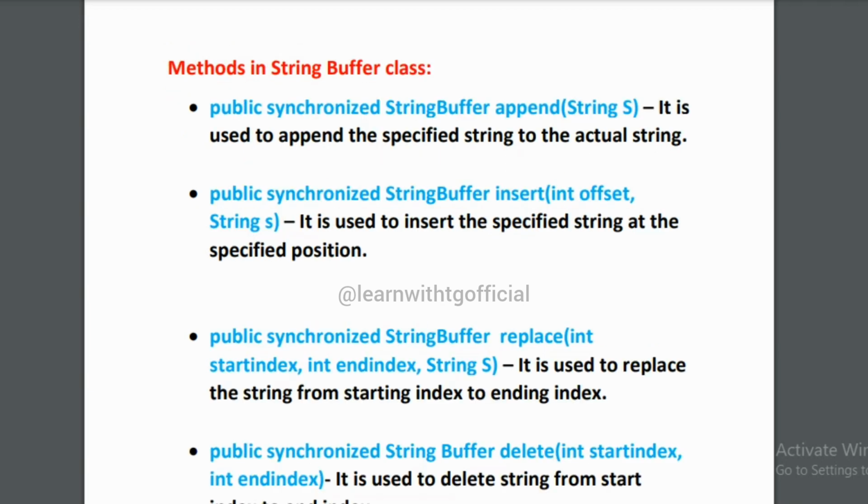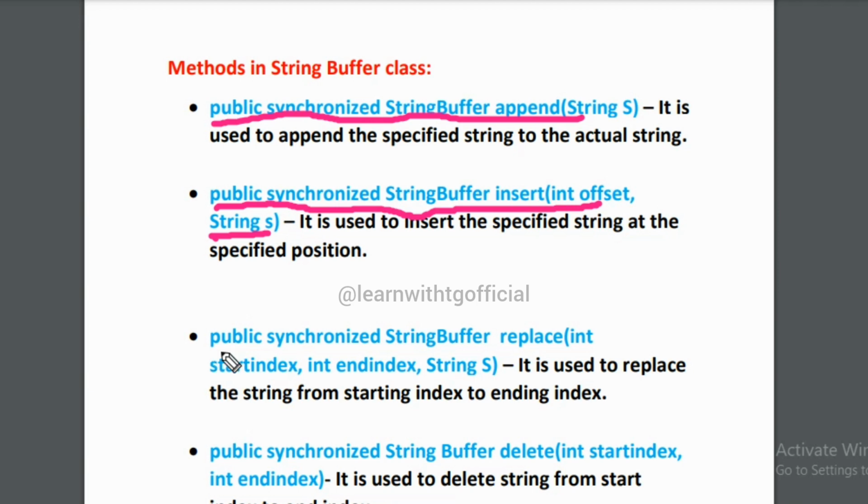Coming to methods in the StringBuffer class, public synchronized StringBuffer append(String s) is used to append the specified string to the actual string. Public synchronized StringBuffer insert(int offset, String s) is used to insert the specified string at the specified position.